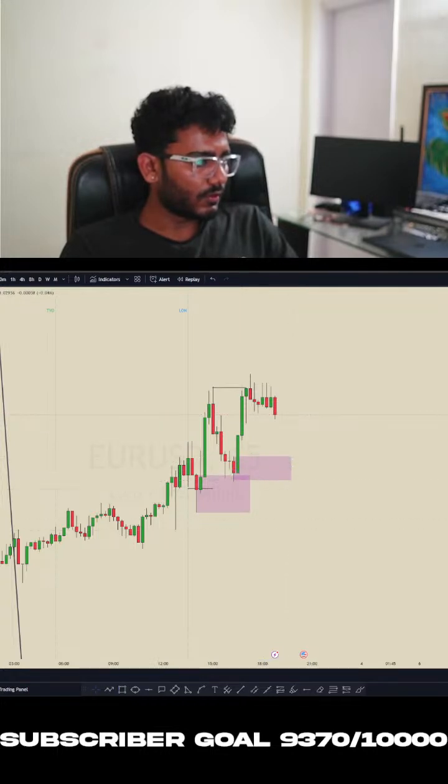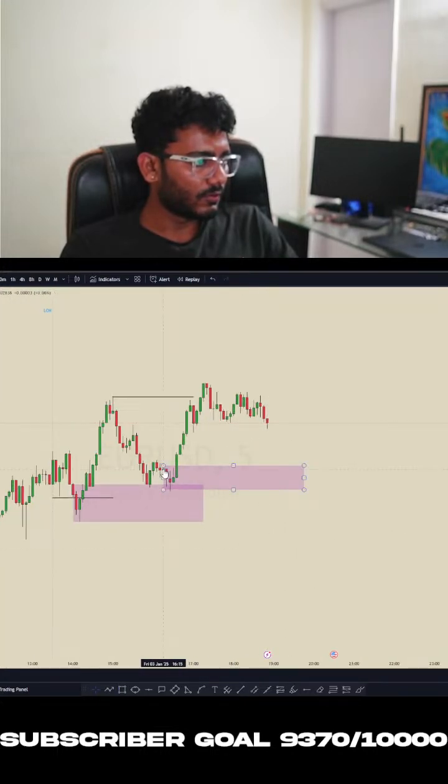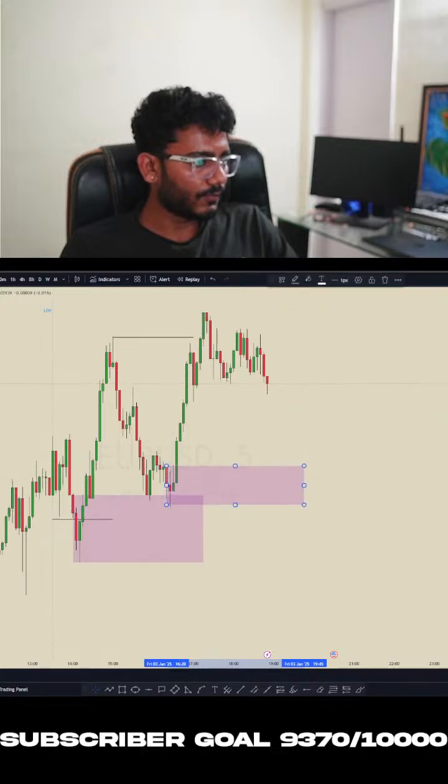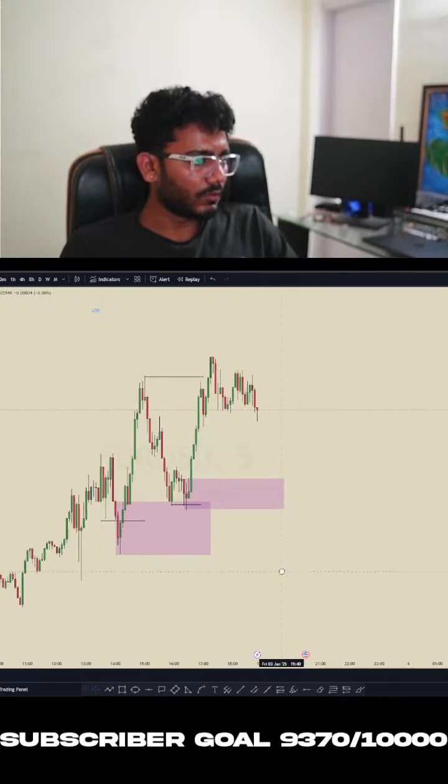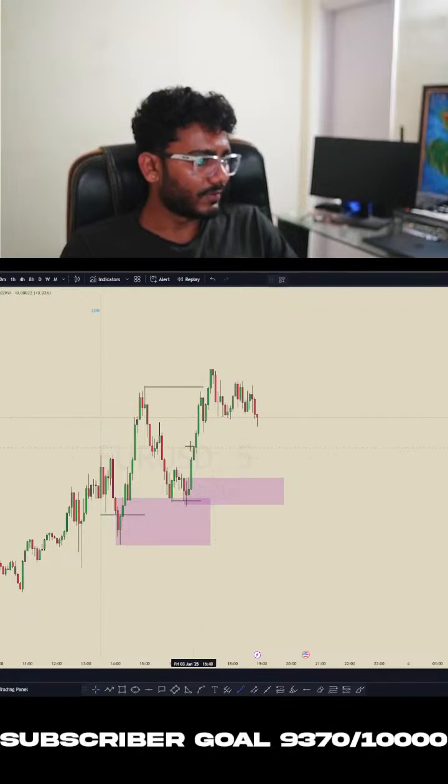So we can look for buy entries at this order block, and it has also induced this low. So I think we can also look for a buy entry, and price is creating trend line liquidity over here.